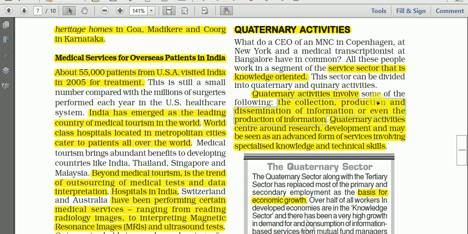Dissemination means spread of information.